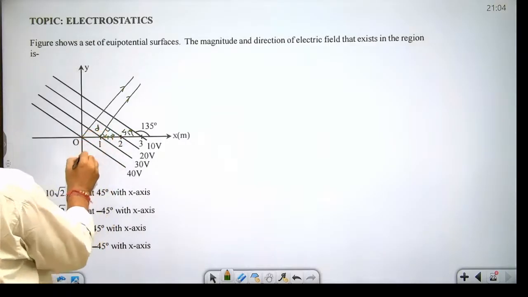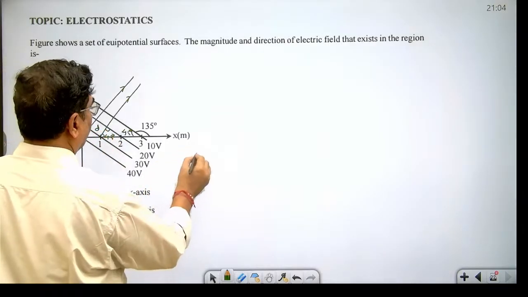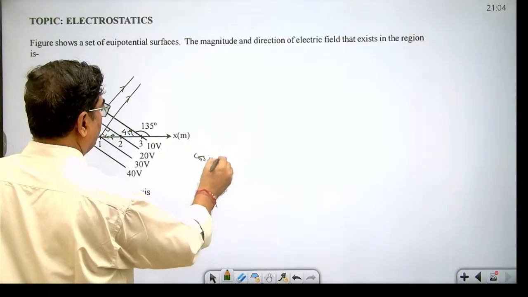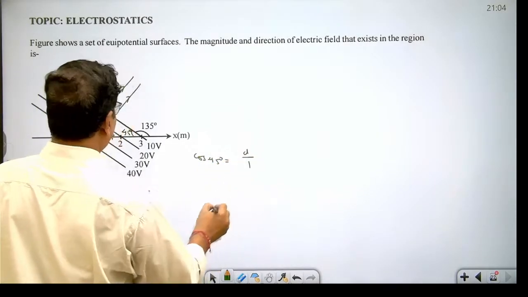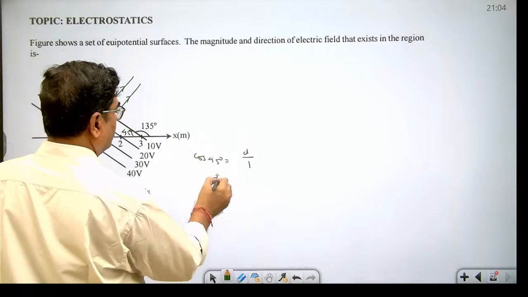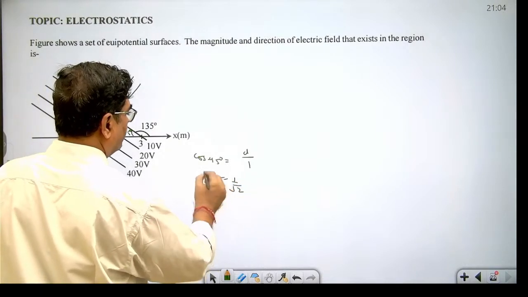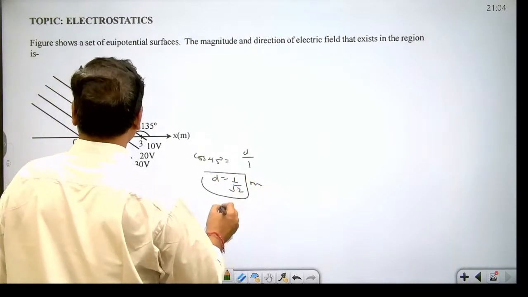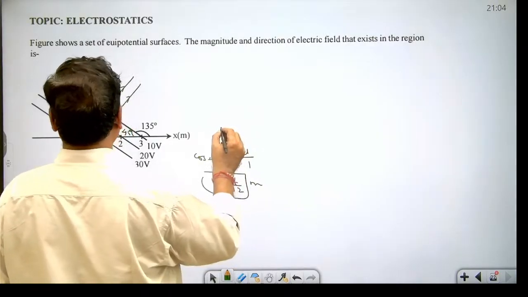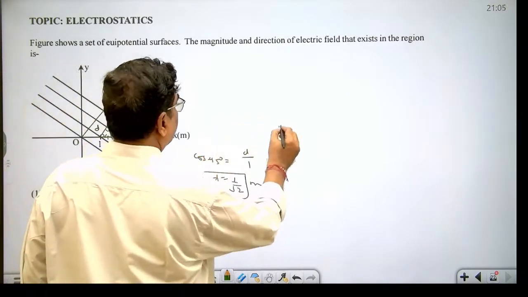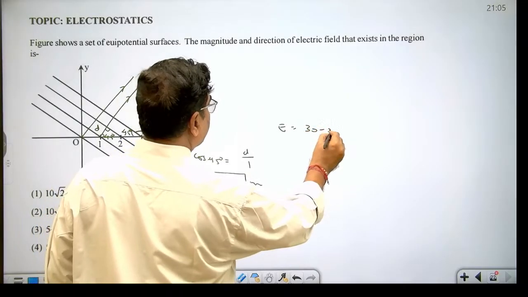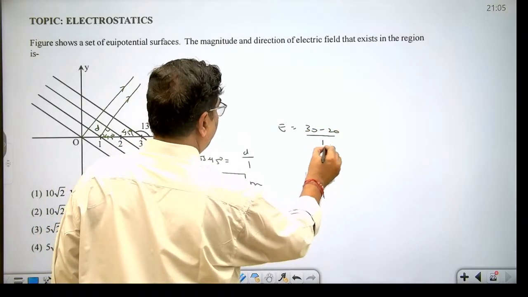We can find this perpendicular distance. How? Cos 45 equal to base upon hypotenuse. This is 1. So d equal to what? 1 upon root 2, this is in meter. So electric intensity will be equal to how much? If we take 20 volt, 30 volt, so electric field equal to 30 minus 20 upon d.